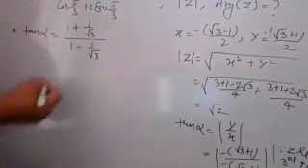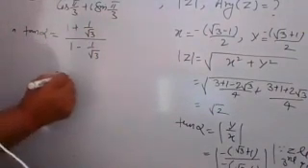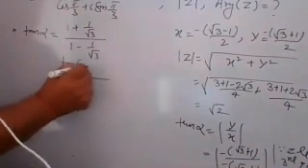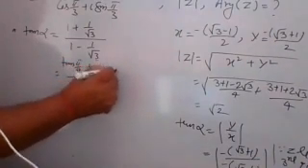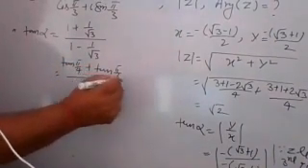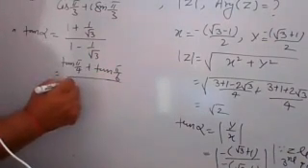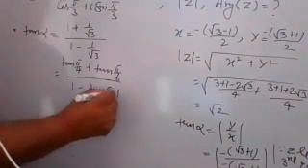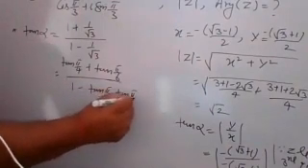Now arrange its terms as the identity. So you have tan pi by 4 plus tan pi by 6 upon 1 minus tan pi by 4 into tan pi by 6. You write in this way.